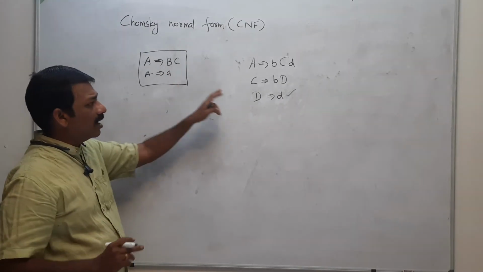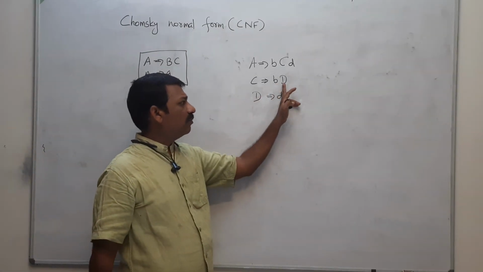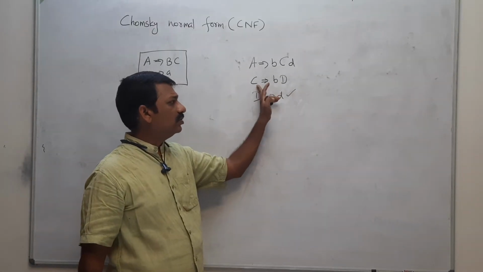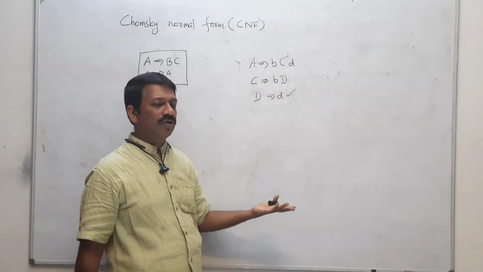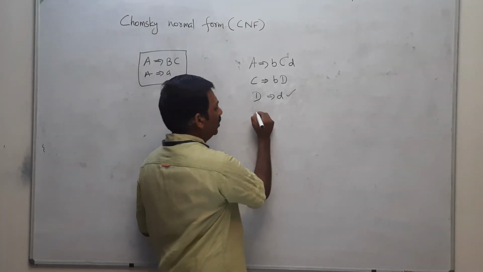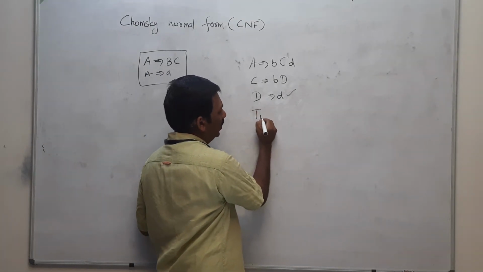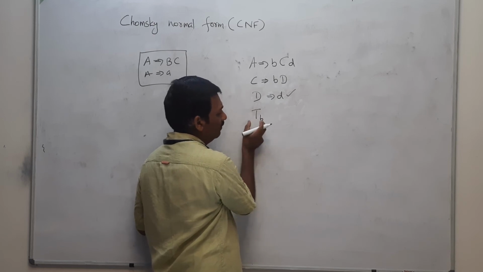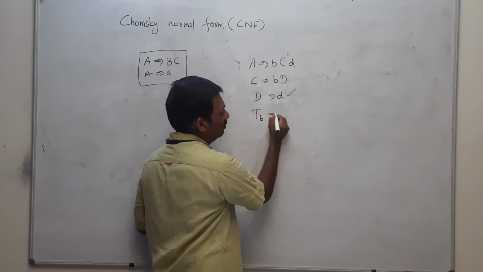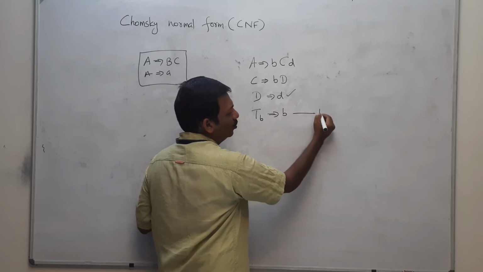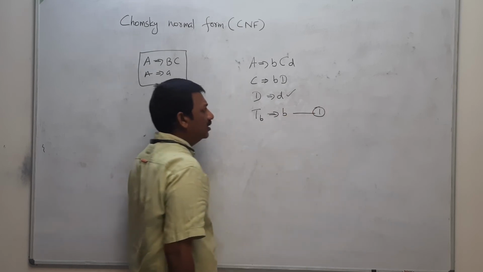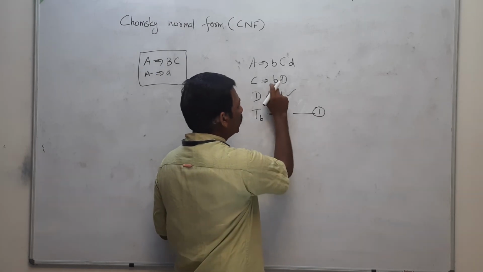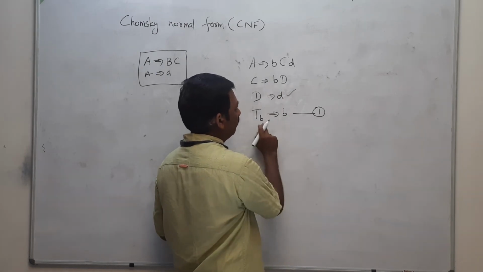Here we have a terminal followed by a non-terminal. So how will you convert this to Chomsky normal form? I am going to have a new variable T subscript B. This is a single entity and TB derives b. This is a new production I have added, and after doing this I am going to replace this b with TB.